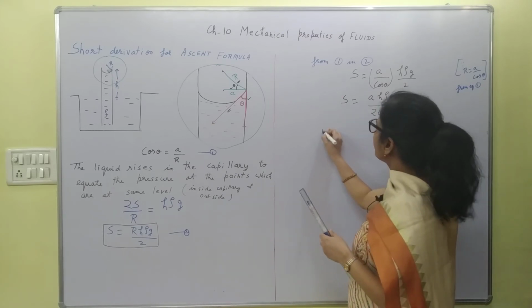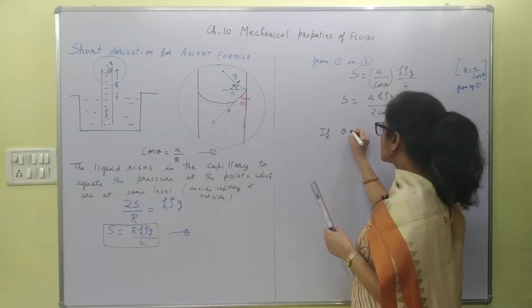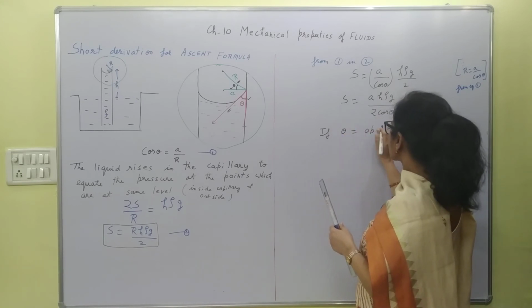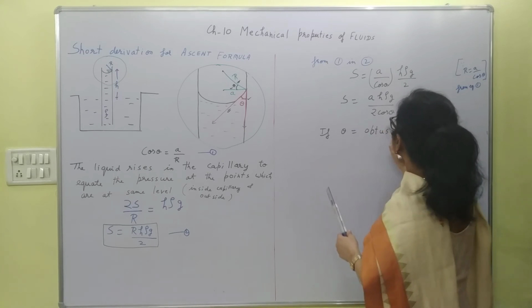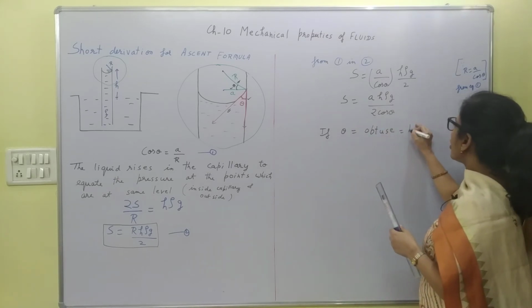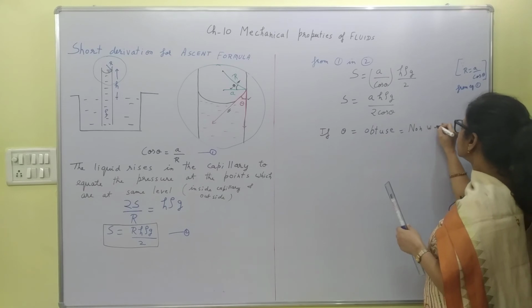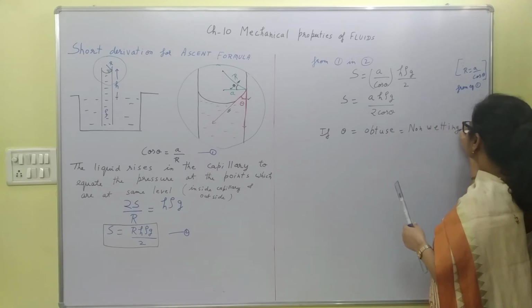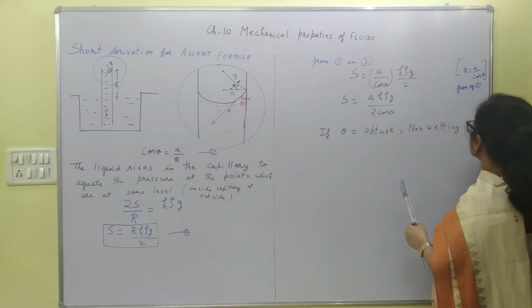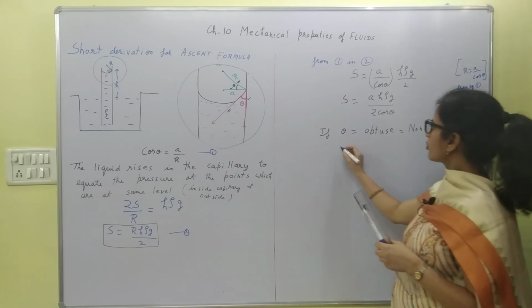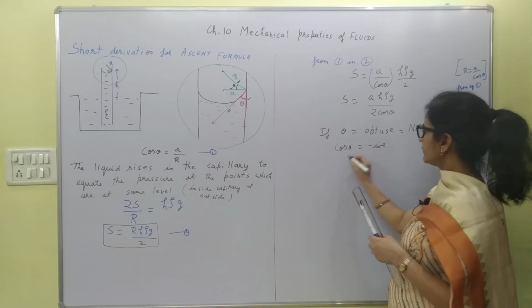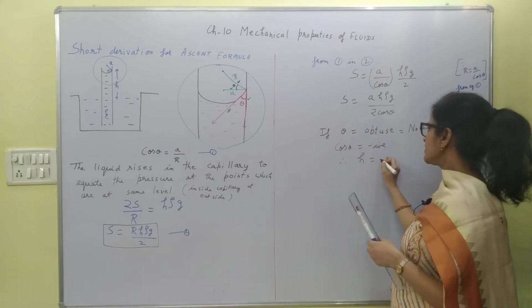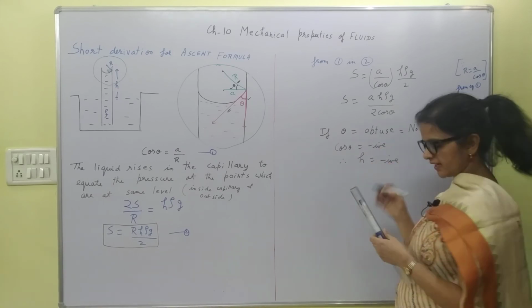Right? If theta is obtuse, this is for non-wetting liquids. Then cos theta is negative, therefore H is negative.